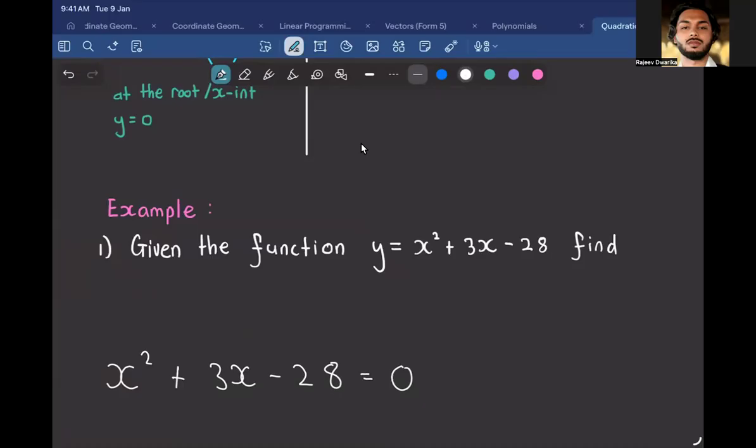Gosh, my Apple Pencil fell, give me a second. Okay, I found it, nice. So given the function y is equal to x squared plus 3x minus 28, find the roots and do a sketch.